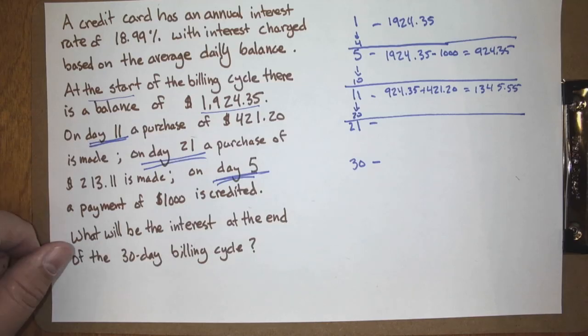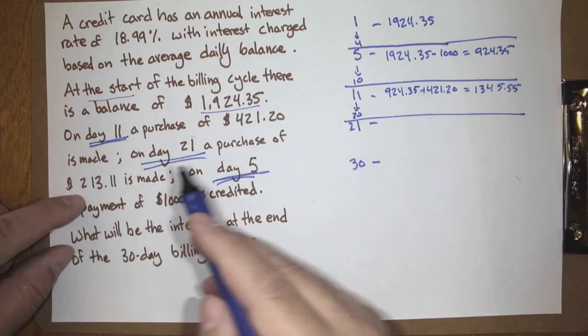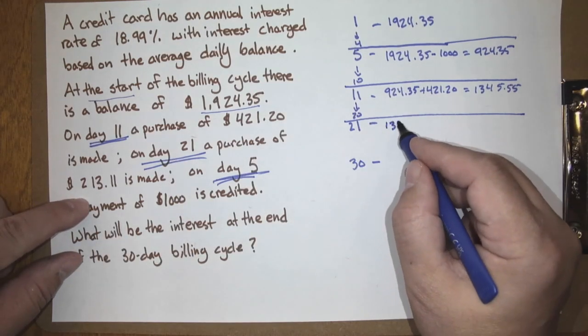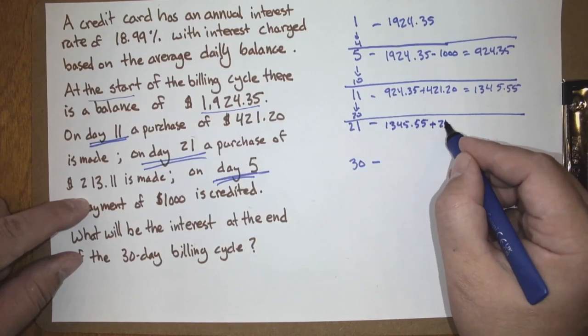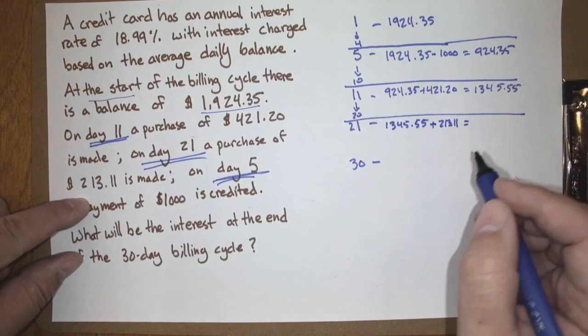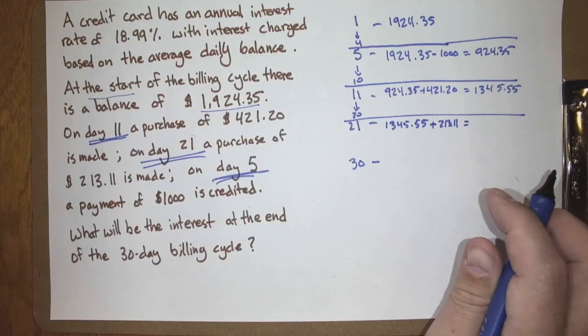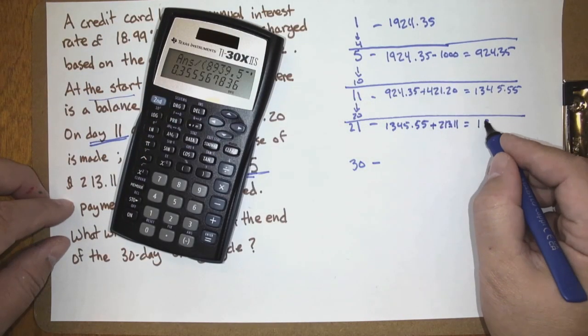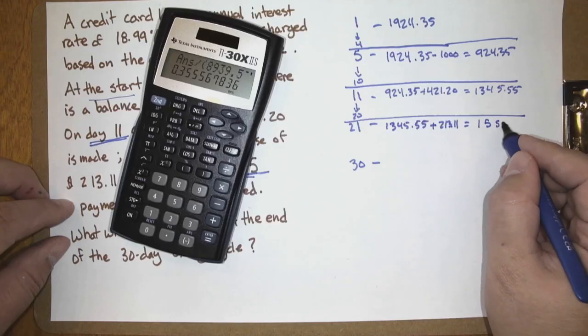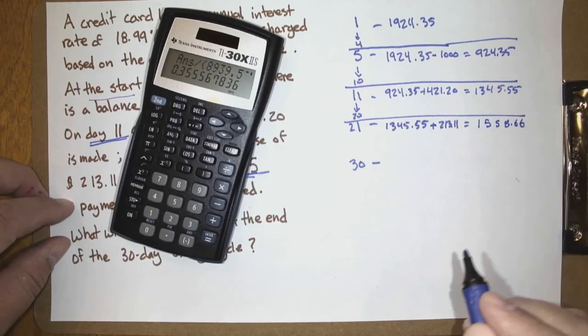Because nothing else happens. And then day 21 comes. What happens then? Another purchase. $1,345.55 plus $213.11 is $1,558.66.